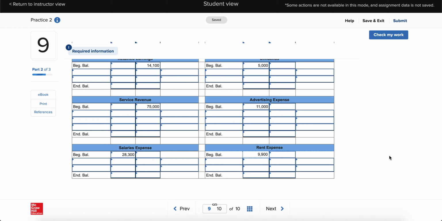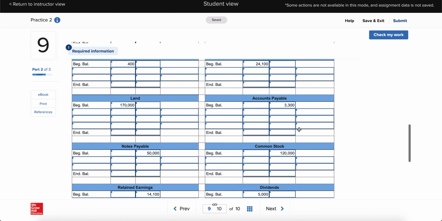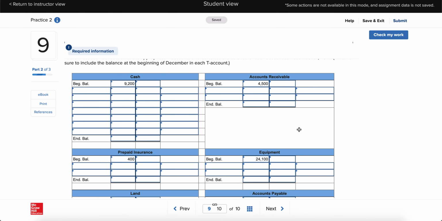You want to drop those in before you start posting. Absolutely before. That's the first thing you want to do. And now you want to take your phone and go back to those journal entries, starting with the journal entry for December 1st. The first line is a debit to rent expense and a credit to cash.